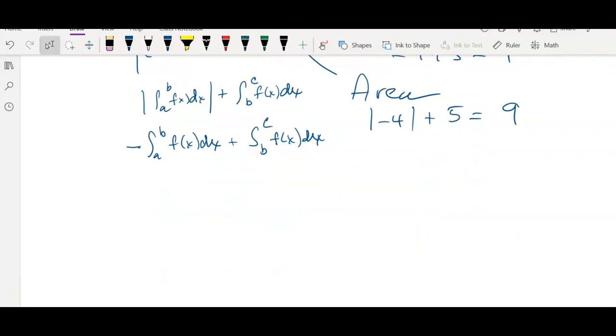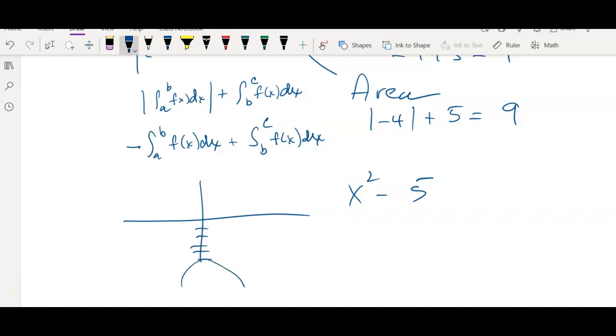What would be something that we know? Let's do x squared minus 5. All right, where's the x squared minus 5 graph, everybody? Okay, that's fine.